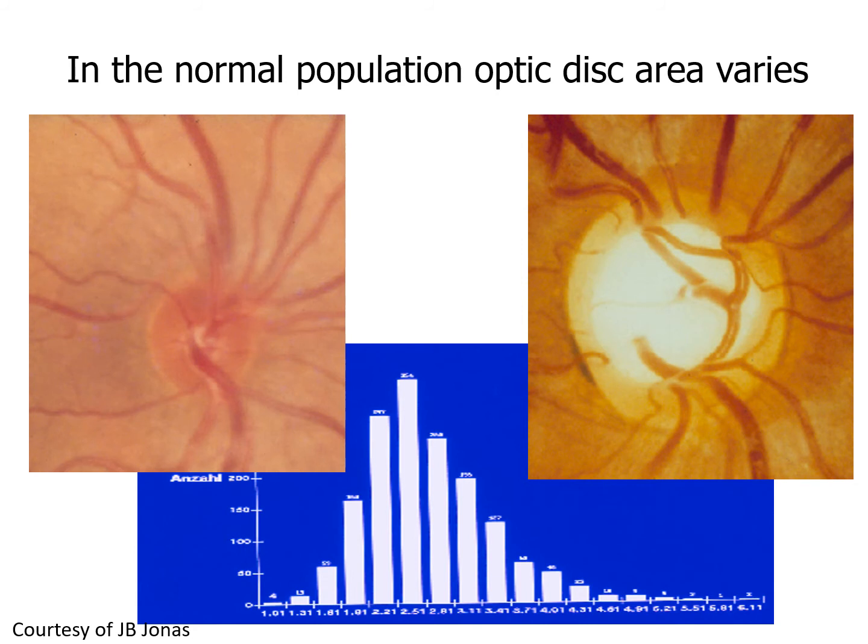In the population, we know that there is a wide variability of disc size. Small disc, large disc. Both are normal, but you can see here how crowded the ganglion cells are, and here how much space there is around the scleral canal.